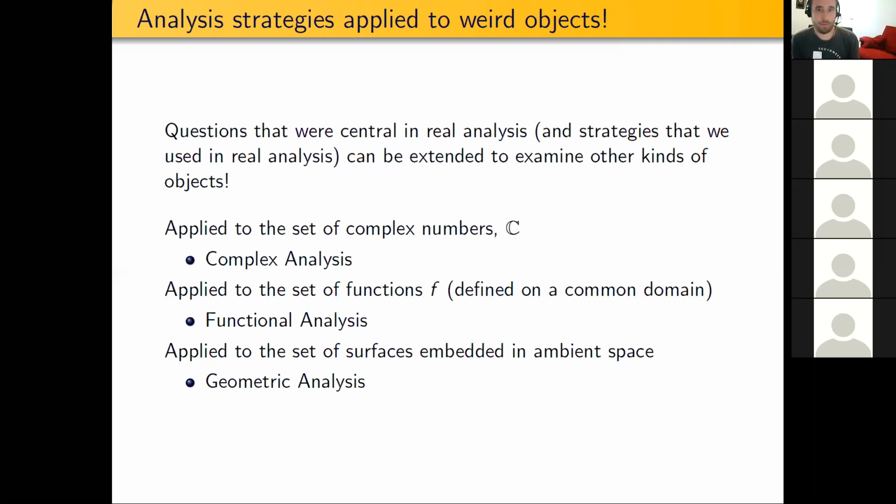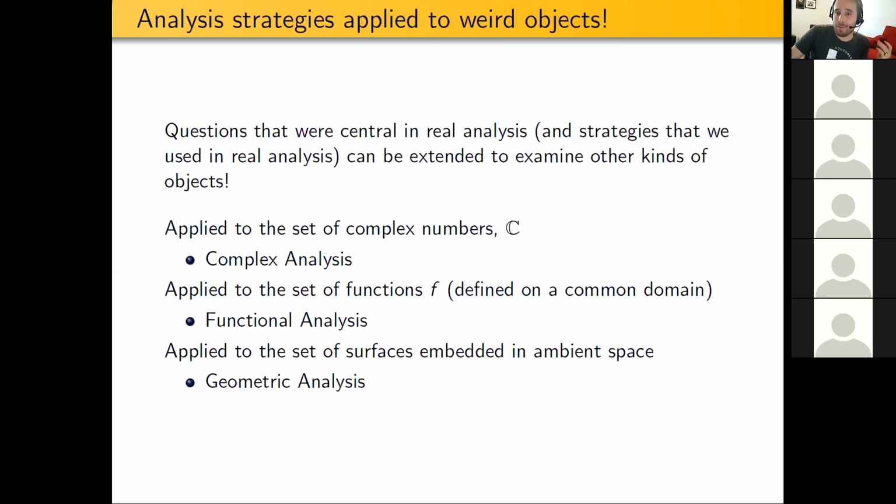A classic one, and one that is often offered at the undergraduate level, Dr. Richards teaches this class reasonably often, maybe every other year, is complex analysis. It's not quite as wonky or as technical. In a certain sense, it uses less epsilon delta style arguments, but it is using these arguments from real analysis applied to the set of complex numbers, and that can give us complex analysis.